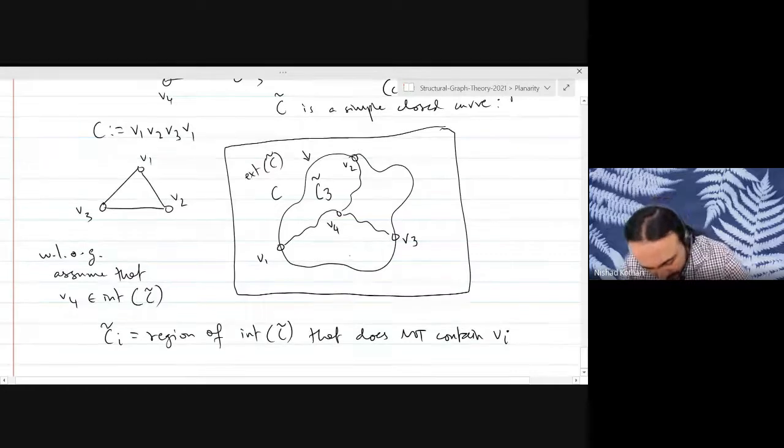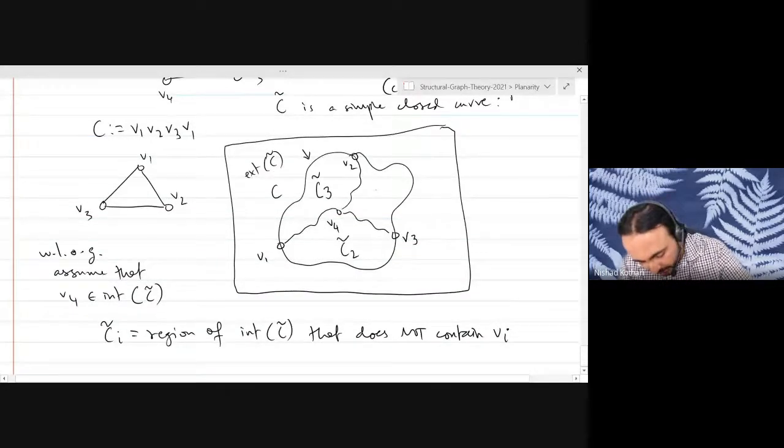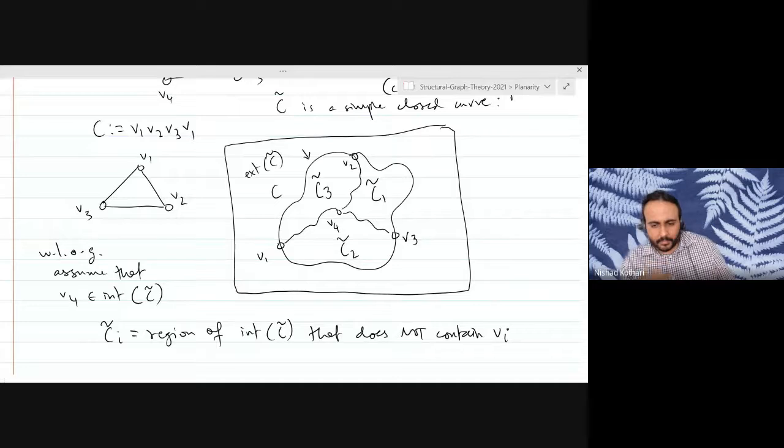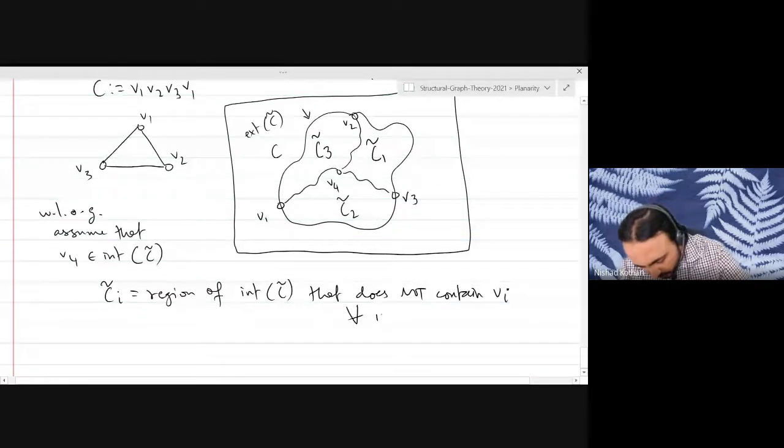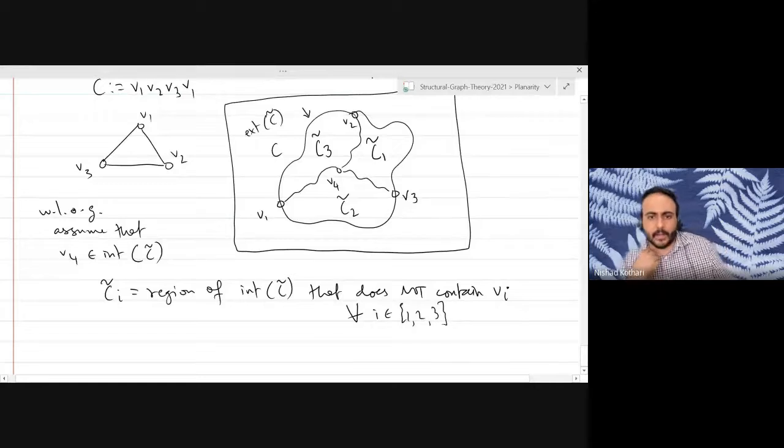This will be C2 and this will be C1. Okay? So we get three regions inside the interior of C tilde, right? All right. Is everybody with me so far?